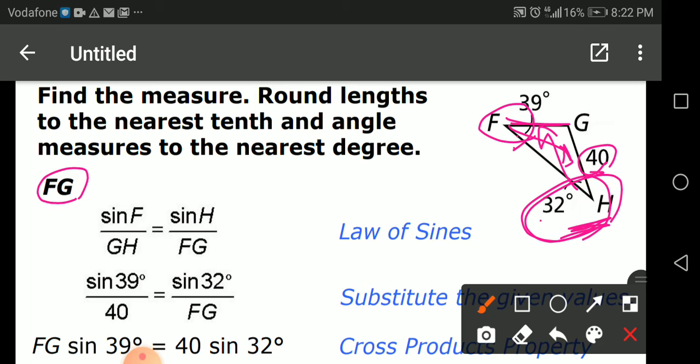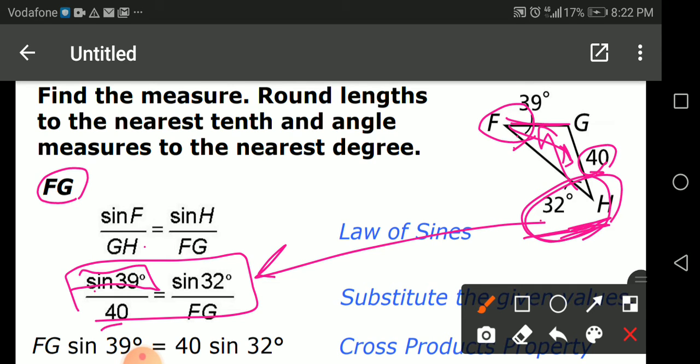I know three values here, so I can get the fourth. I'm substituting the values: sine of 39 over 40 equals sine of 32 degrees over FG.